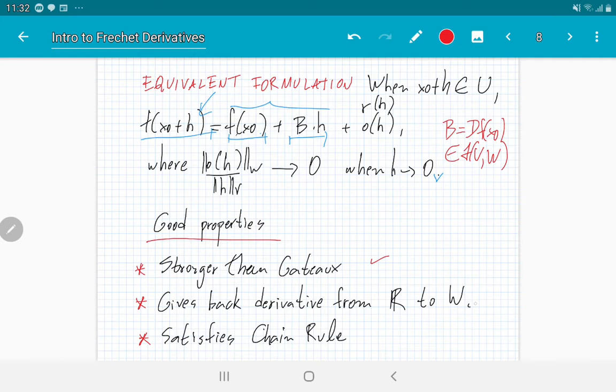We're going to see how this notion, which is very abstract, defined in terms of linear operators, nevertheless, if interpreted in the right way, really generalizes the usual derivative for functions from R to a vector space. And as our final result, we're going to prove that this satisfies the chain rule. Okay, so let's see how this goes.